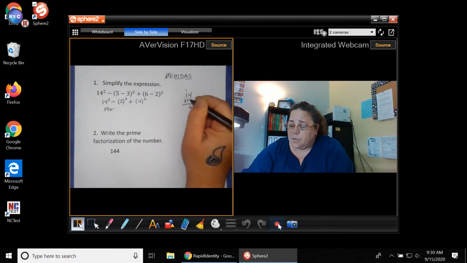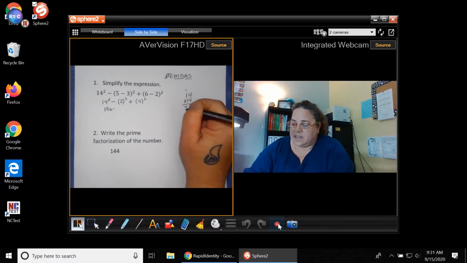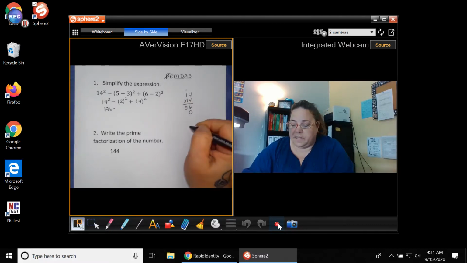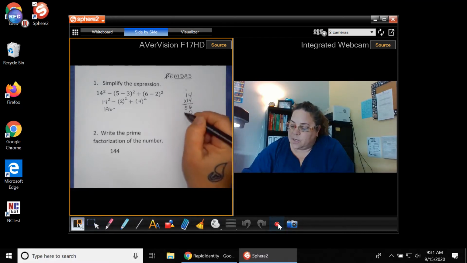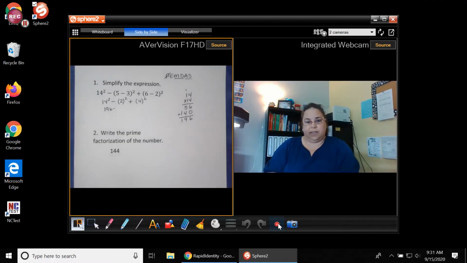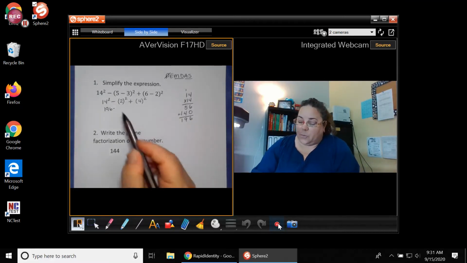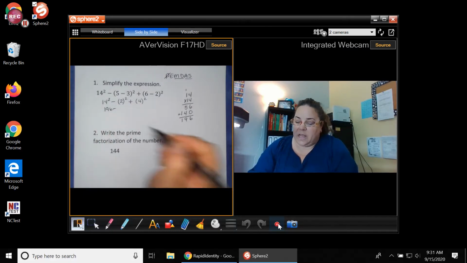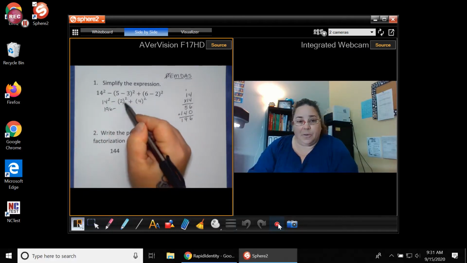Carry 1. 4 times 1 is 4, plus 1 is 5, so 56. Add a space, 0 for my space. And then I do 1 times 4 is 4. And 1 times 1 is 1. And then I add the two together and I get 196.